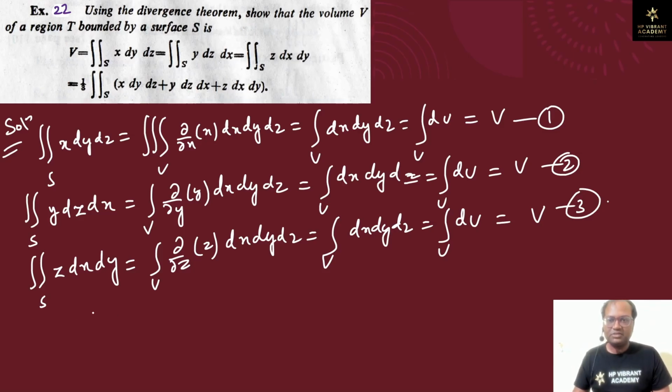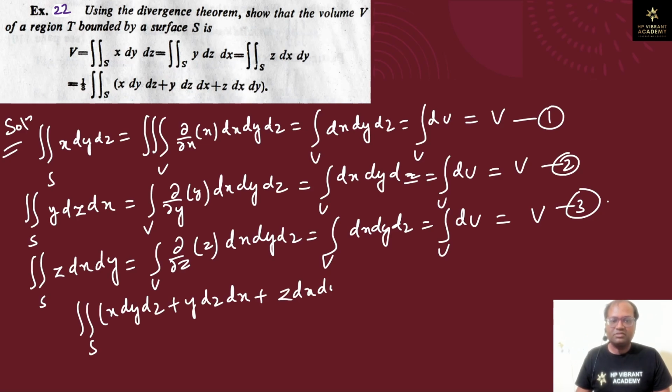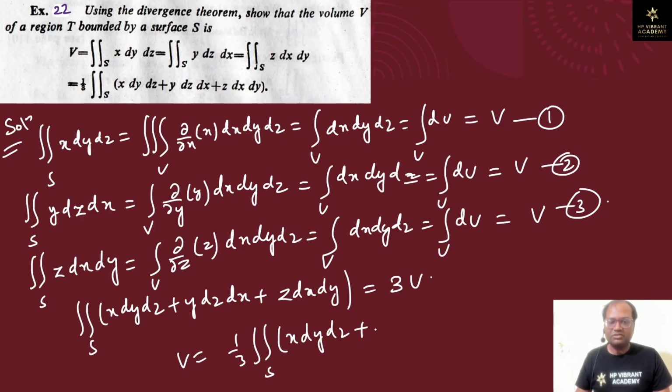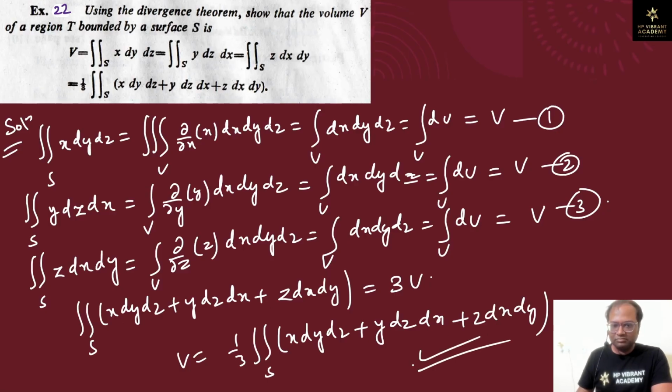So we have surface integral of x dy dz plus y dz dx plus z dx dy equal to 3 times V. So V is equal to 1 upon 3 surface integral of x dy dz plus y dz dx plus z dx dy. So this we have to prove in question number 22.